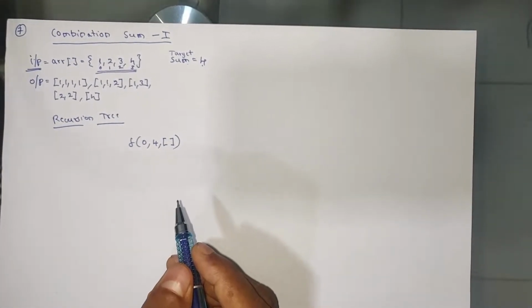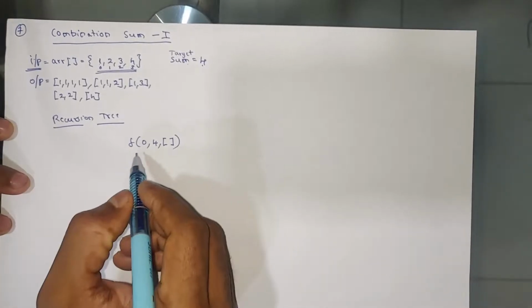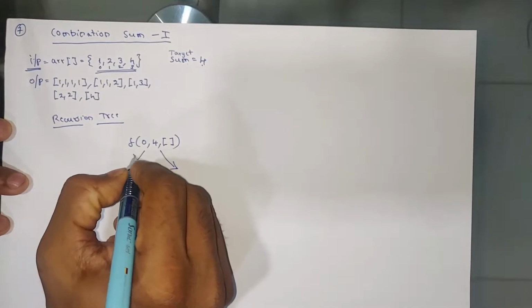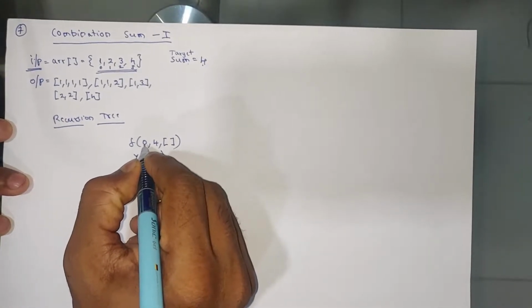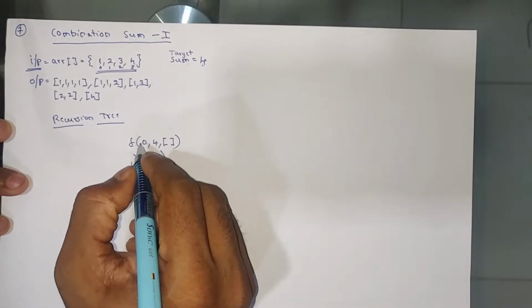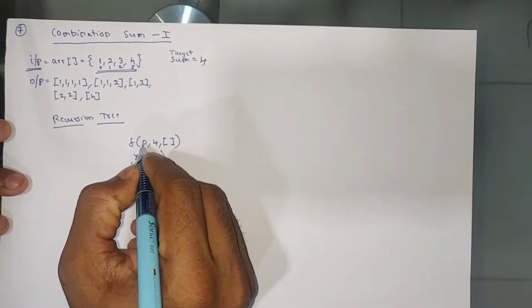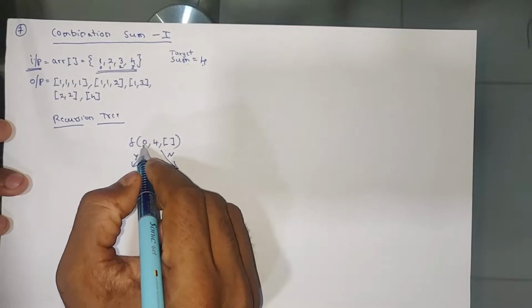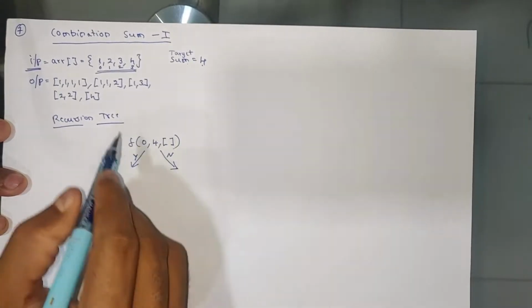Fine. Now again I have two choices here. I can include the element at index 0, or I can exclude the element which is located at index 0, right?